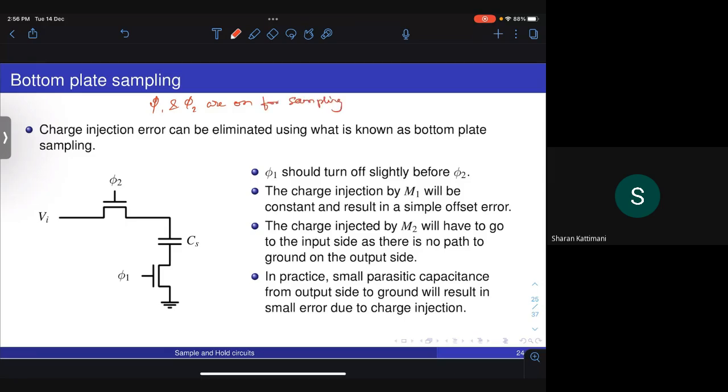Now, if I have to be accurate, I should say during the tracking period. The sampling is just turning off the switch, right? So when you want to turn off the switch or take the sample, by stopping the tracking, you first turn off phi 1. When you turn off phi 1, it will inject some charge onto the capacitor.